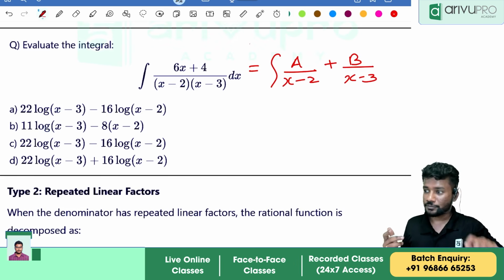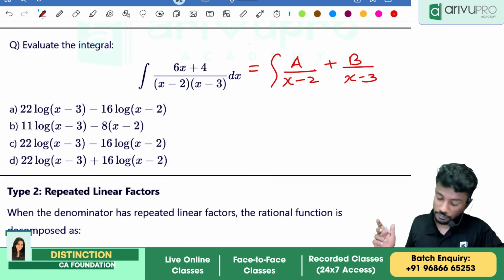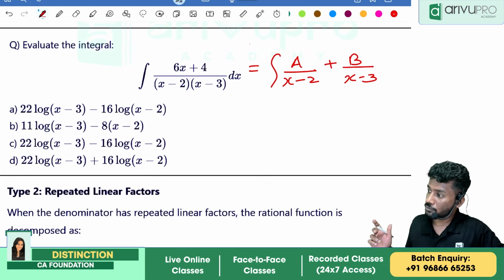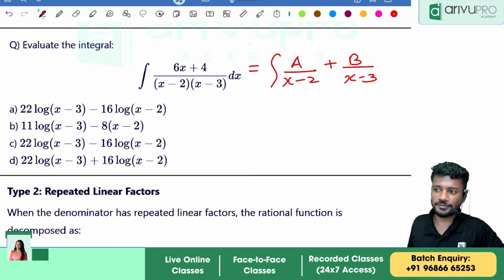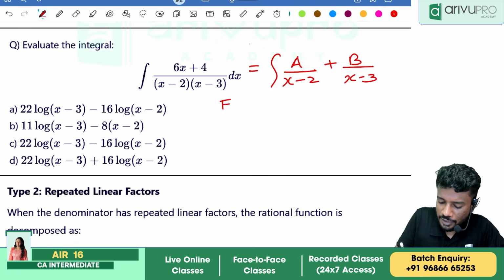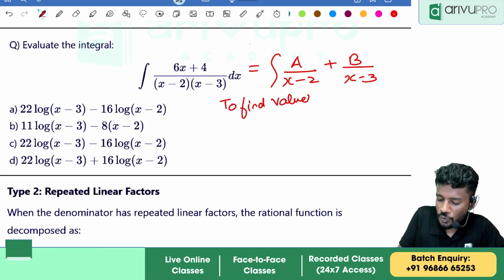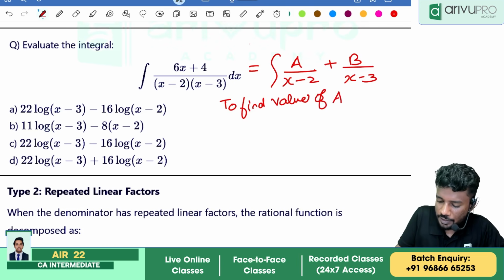Compare with 6x plus 4. Yes, how to compare that? To find the value of a, put x equal to what?